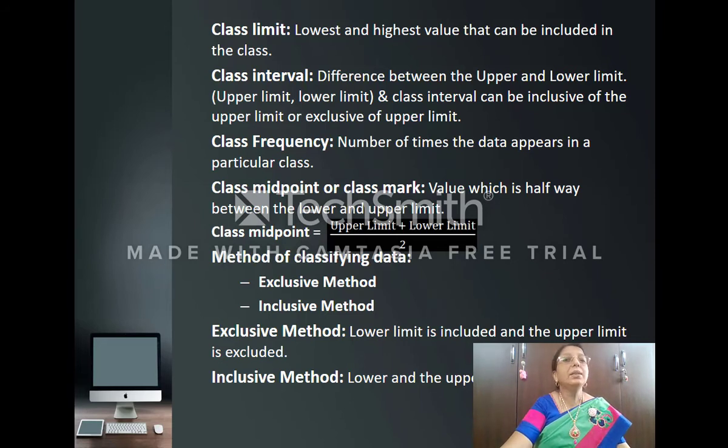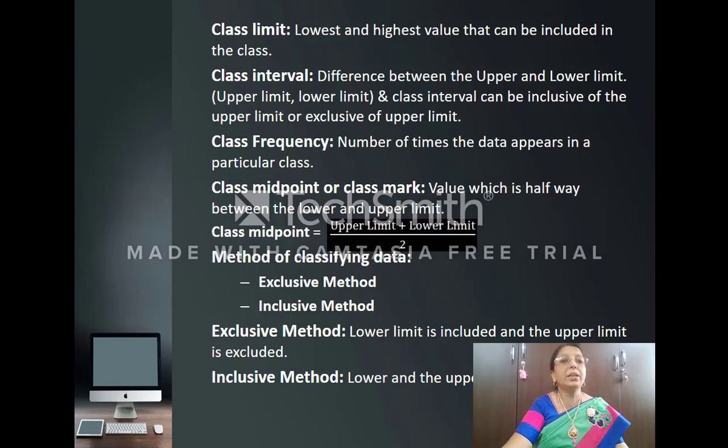Class frequency is the number of times a particular value, a particular data in that class occurs. So that is the frequency. Class midpoint is the mid value of the class interval. Usually we will be considering the class midpoint as we go further into our analysis of the data.